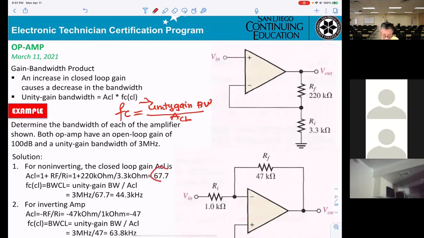ACL you calculated, you get 67.7 closed loop gain. The unity gain bandwidth they gave you here is 3 megahertz. So that's how you are able to calculate the FC.